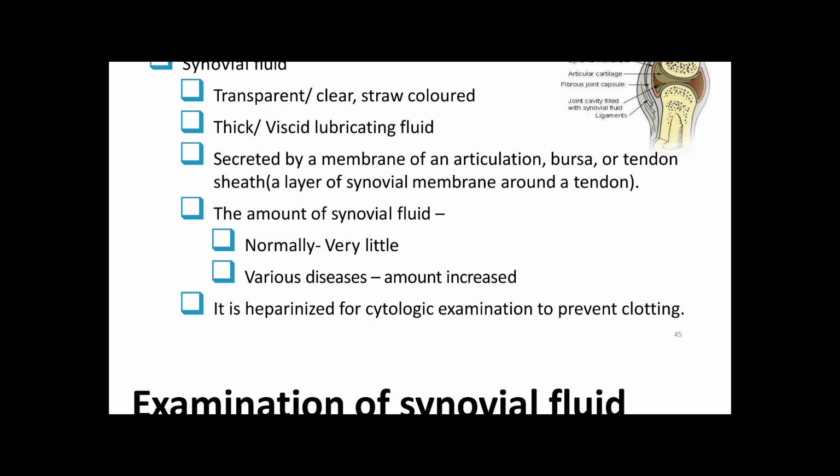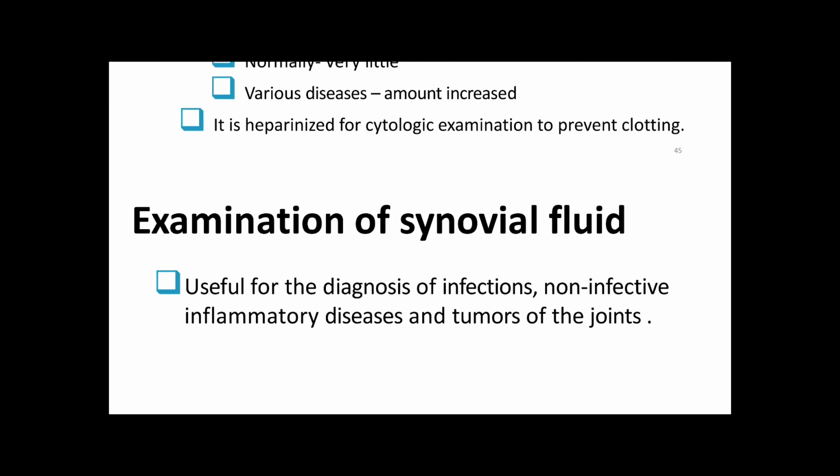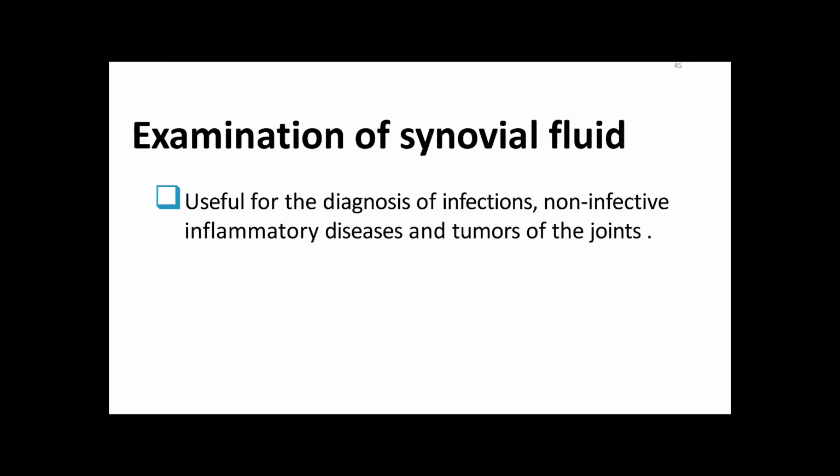Normally we have to aspirate the synovial fluid and test or observe for any problem in the synovial fluid. We can only take aspiration first, and we have to analyze what is the cause for the abnormalities in synovial fluid.